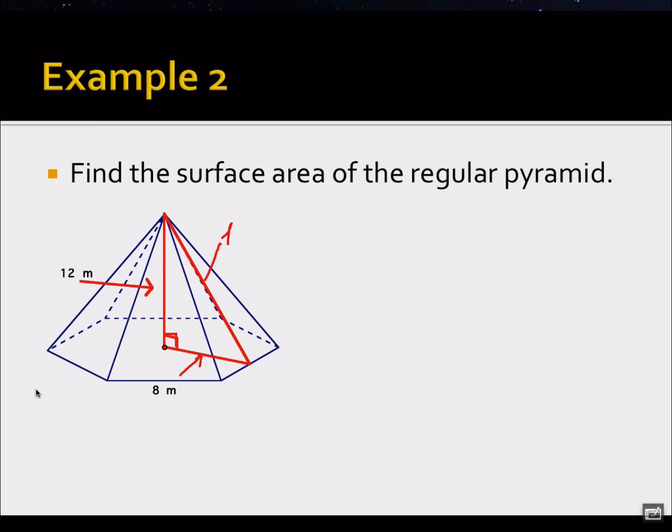It's the apothem, correct. How long is the apothem? 4 times square root of 3.